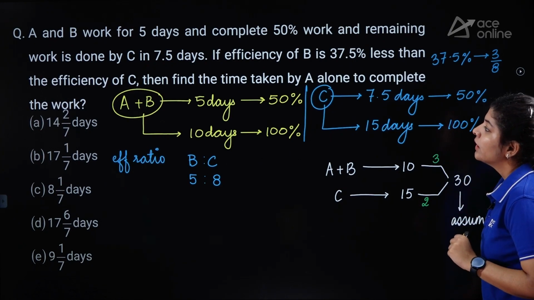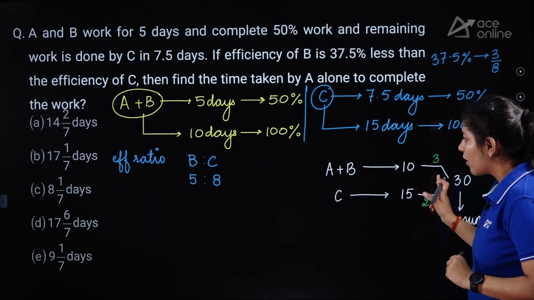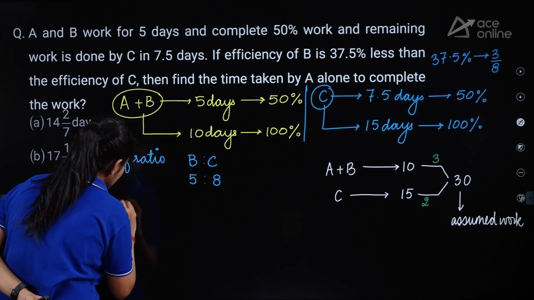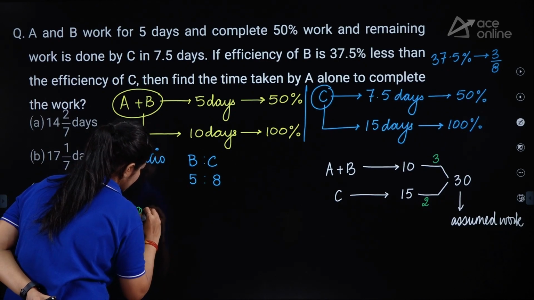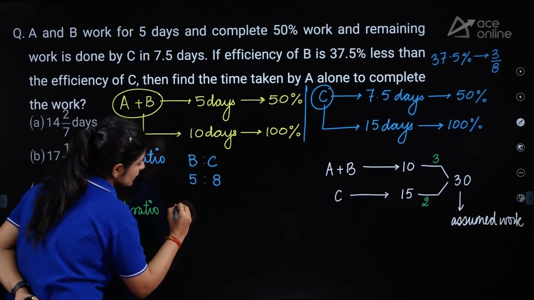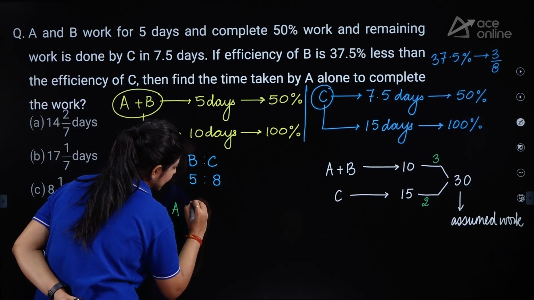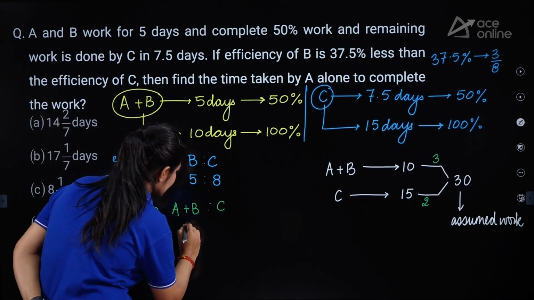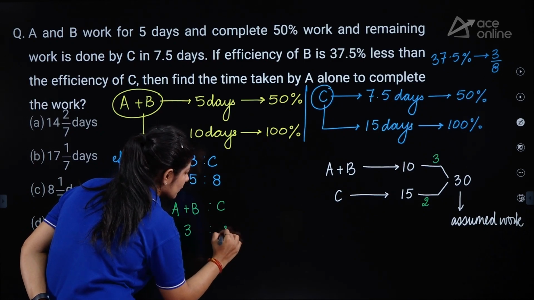Okay. Now, according to this, the efficiency ratio of A plus B to C is nothing but 3:2.